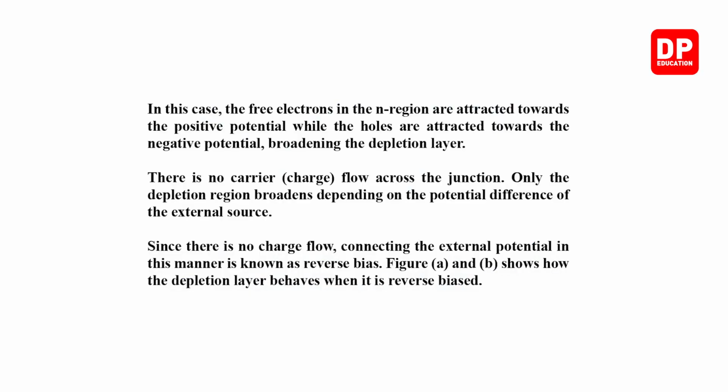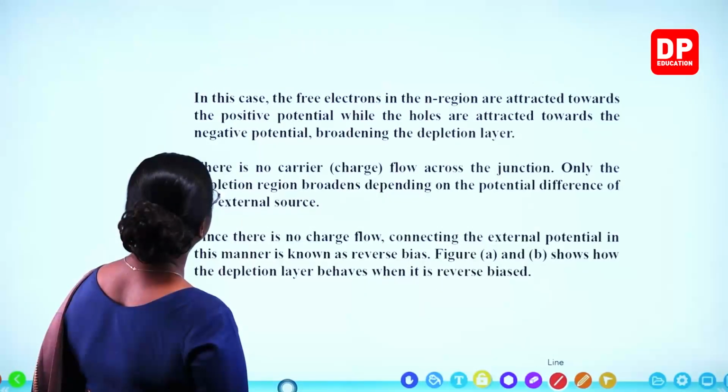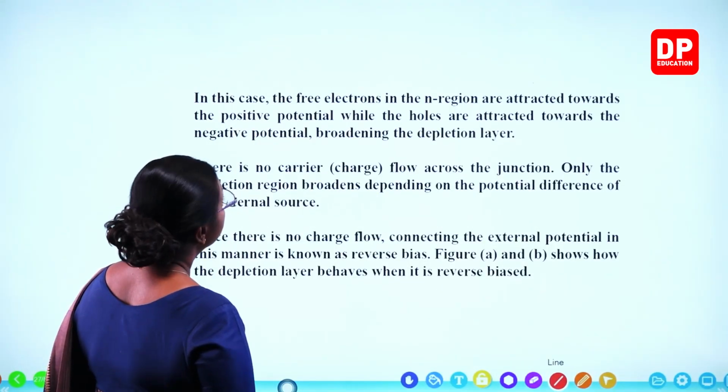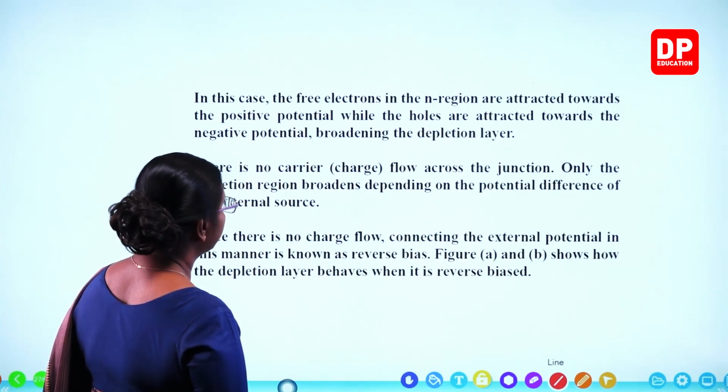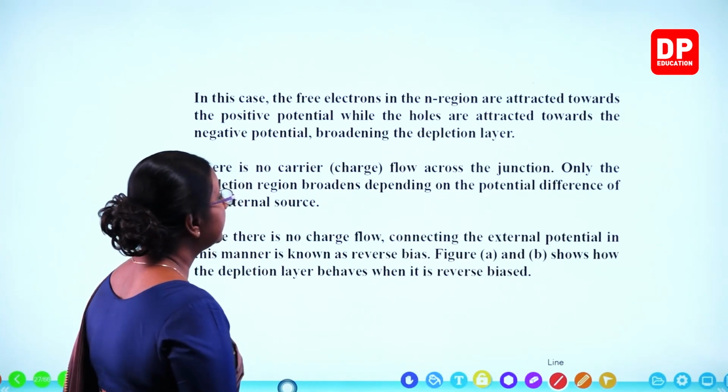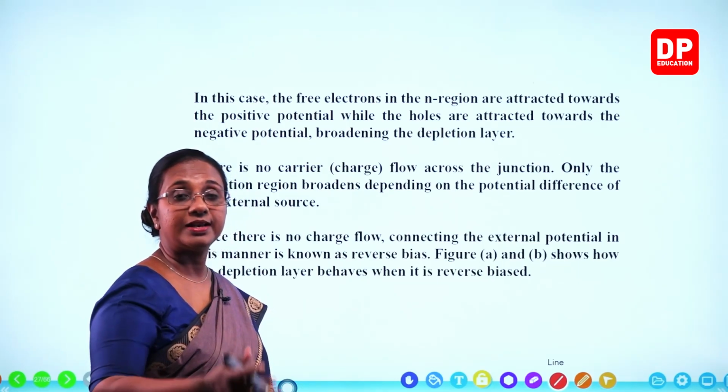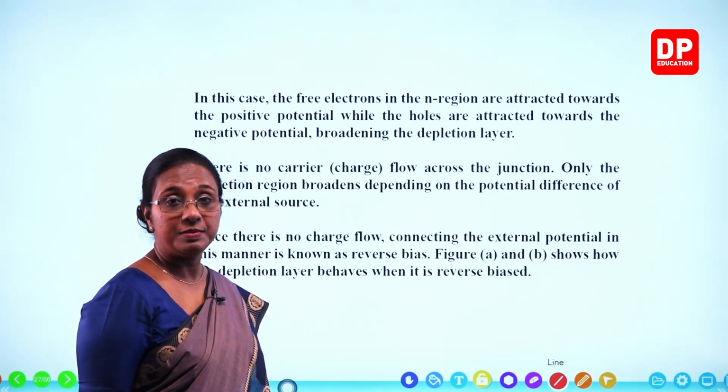Here, the explanation is given to you. In this case, the free electrons in the N region are attracted towards the positive potential, while the holes are attracted towards the negative potential, broadening the depletion layer. So, what I explained to you all before.